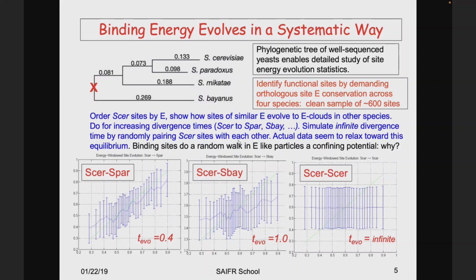So you just take a little slice of energy, and you take all the binding sites that are in that slice in one species, and you ask, well, the corresponding sites in some other species, what is the range of energy over which they are distributed?